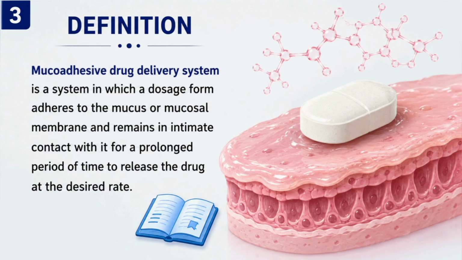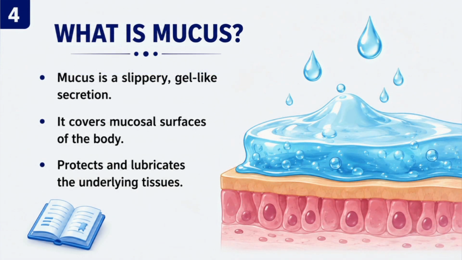So what is mucus? Before studying mucoadhesion, we must understand mucus. Mucus is a slippery, gel-like secretion. It covers several mucosal surfaces of our body. You can find mucus in the respiratory tract, gastrointestinal tract, and the reproductive tract. What is its natural function?